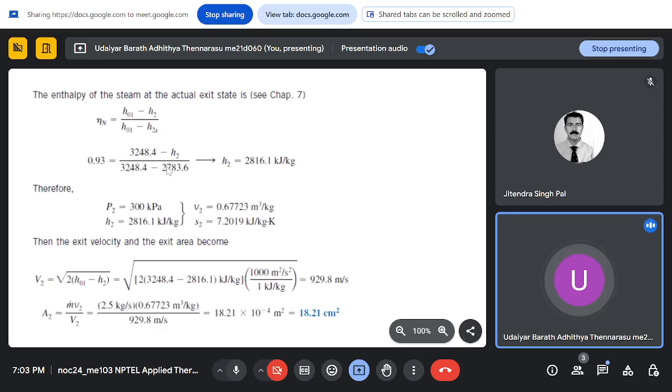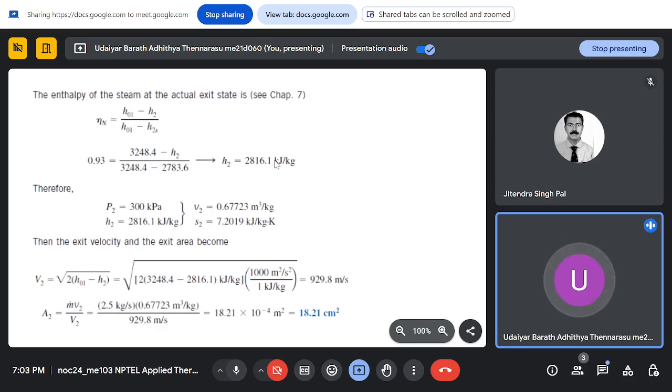Substituting here, I can find the exit enthalpy, which comes out to be 2816.1 kilojoule per kg. Using this P and h value, I can estimate the specific volume again, which comes out to be 0.67723, and the entropy is 7.2019 kilojoule per kg Kelvin.